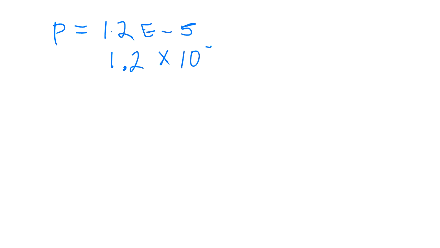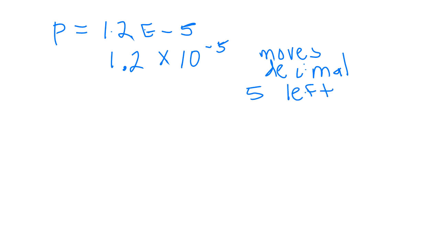Okay, all right, so let me explain that. P is 1.2 e to the -5. That means it's 1.2 times 10 to the -5. A negative exponent moves the decimal 5 places left.